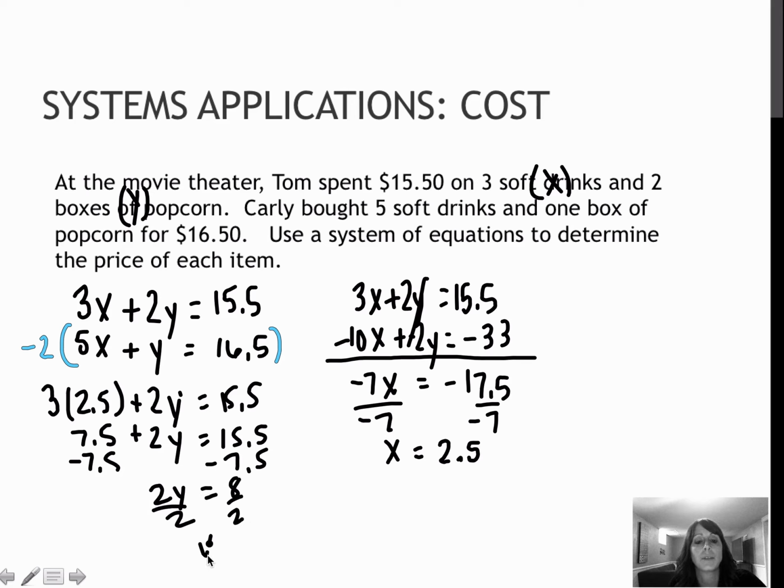So y must be 4. Again, my solution is 2.5, 4, but that doesn't make any sense because it's a story problem. So I would write my solution as soft drinks cost $2.50 and boxes of popcorn cost $4.